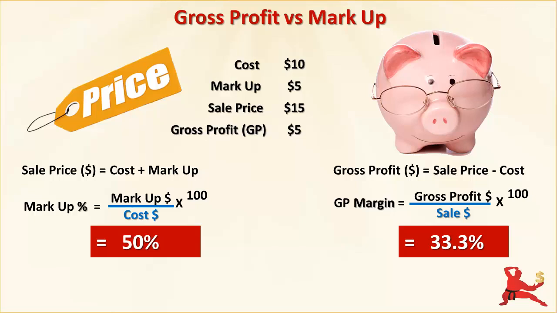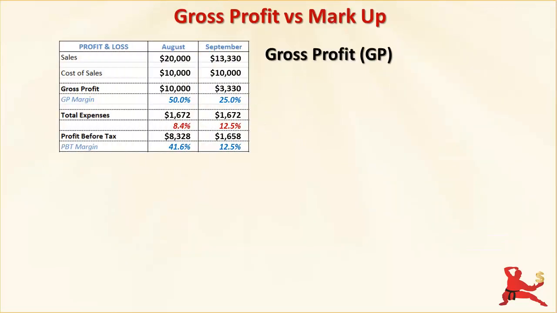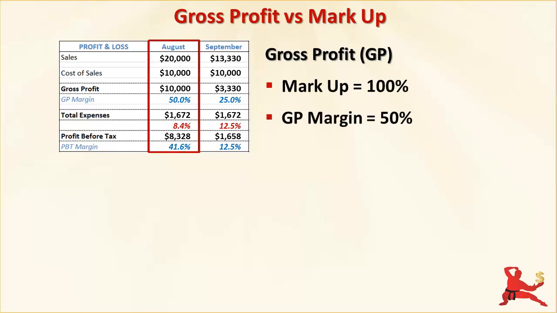So, whilst markup and gross profit margins are related to each other, it's your gross profit margin that you should focus on. This is the margin that shows you the impact of your pricing strategy on business profits. It's the first line of profitability in your profit and loss. Let's take a look at the profit and loss to understand this issue of markup versus gross profit on the bottom line of our business.